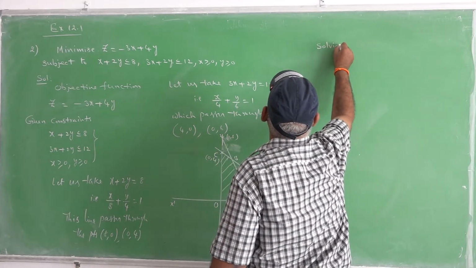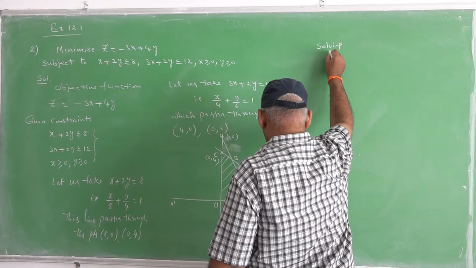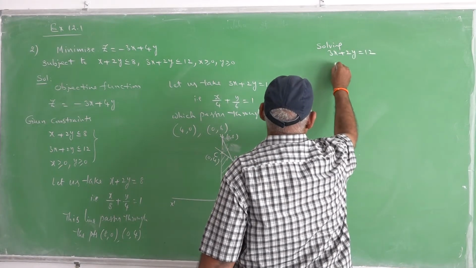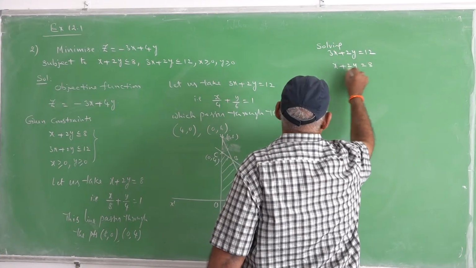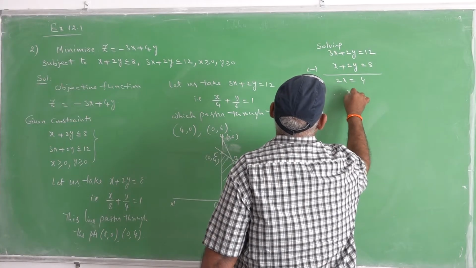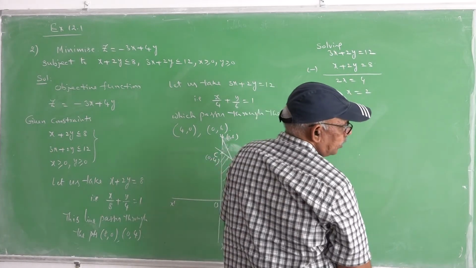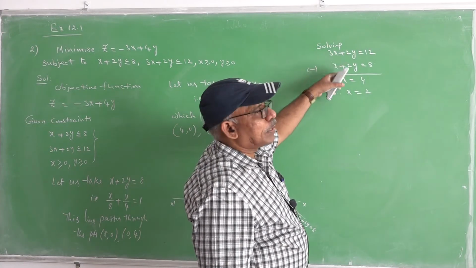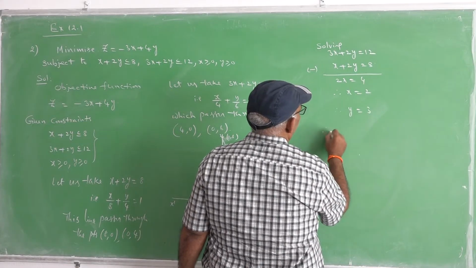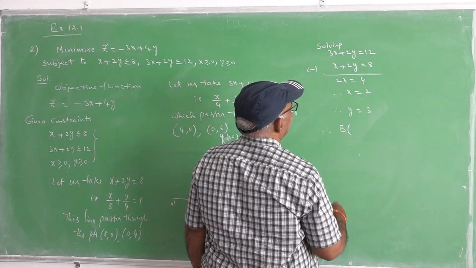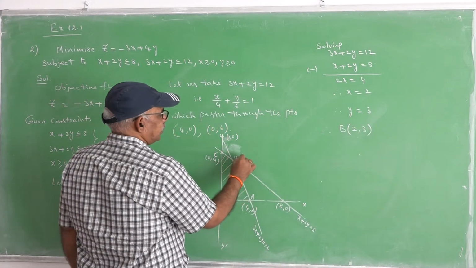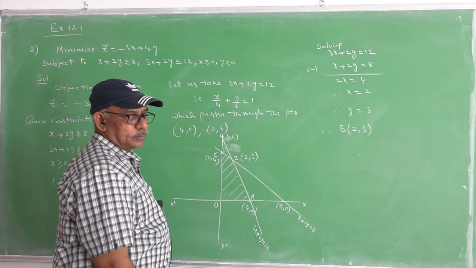Solving the lines 3x plus 2y equal to 12 and x plus 2y equal to 8, taking subtraction, we get 2x takes the value 4, hence x takes the value 2. By taking x equal to 2 in any one of the lines, y takes the value 3. So the required point of intersection of the lines B is 2 comma 3.